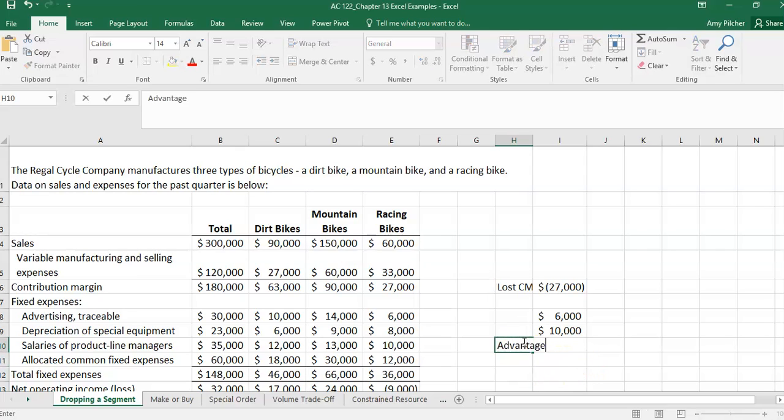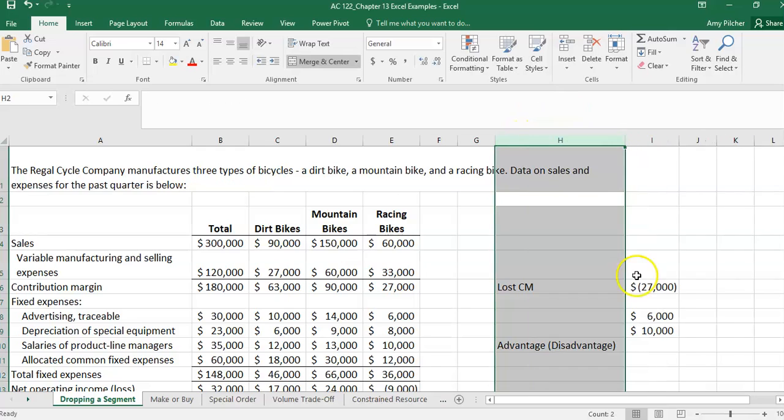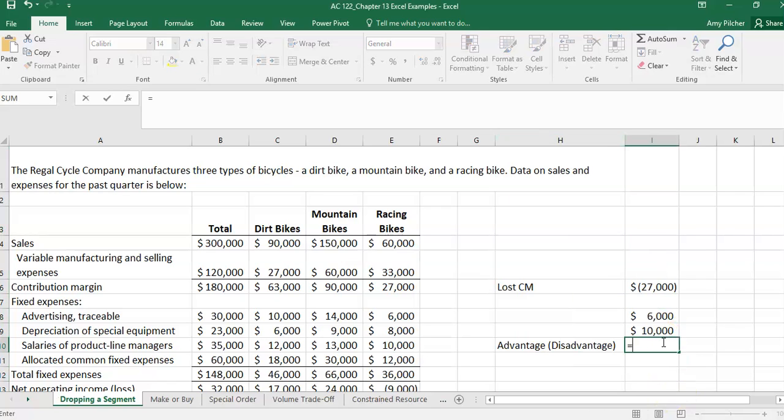So the financial advantage or disadvantage that the problem is asking for, we can determine that if we add these three numbers together. We discover that it is a financial disadvantage.